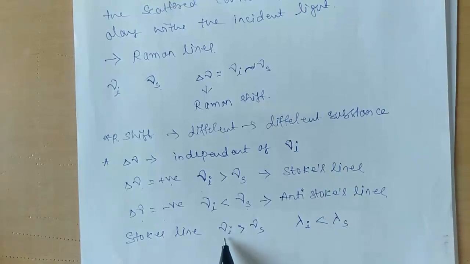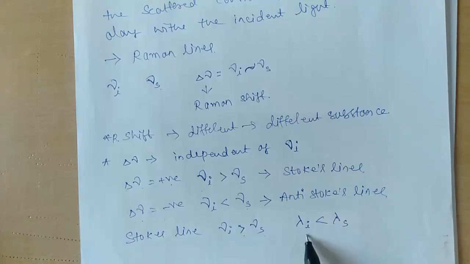Remember students, when the frequency of the incident light is greater than the frequency of the scattered lines, we call such spectral lines Stokes lines. Since frequency and wavelength are inversely proportional, the wavelength relation is reversed.